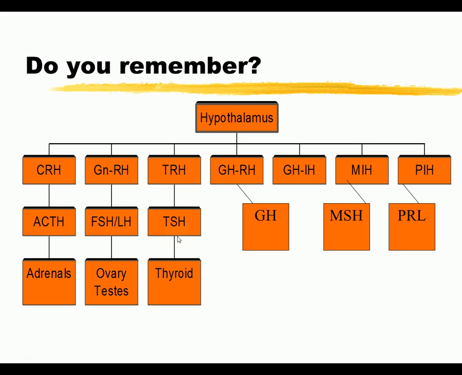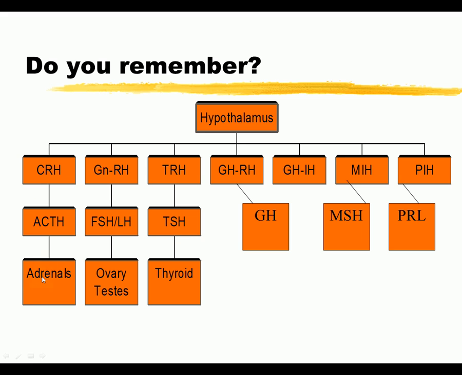All right, one last thing. These first four hormones here, ACTH, FSH, LH, and TSH, are all called tropic hormones. And they're called tropic, T-R-O-P-I-C, tropic hormones, because they exert their effect directly on an organ.